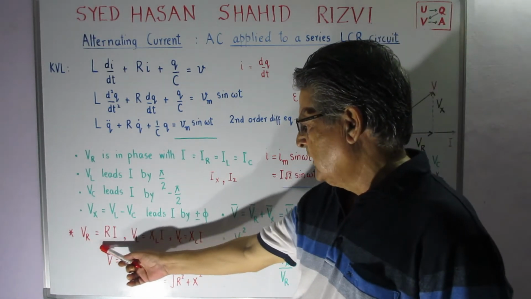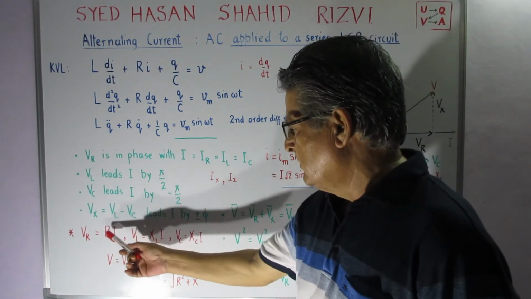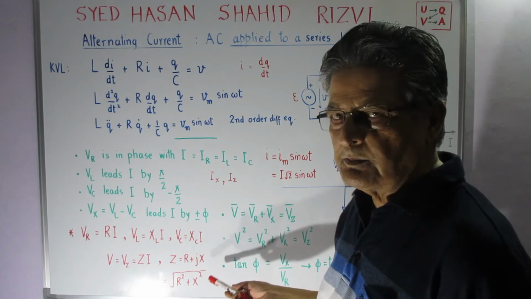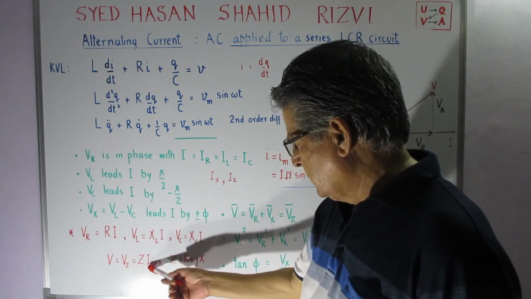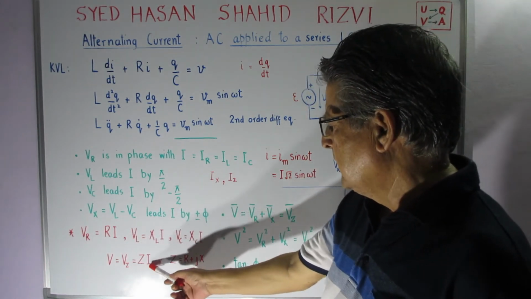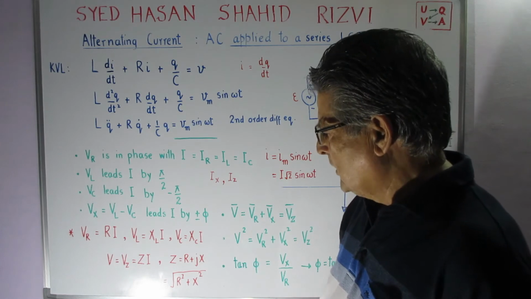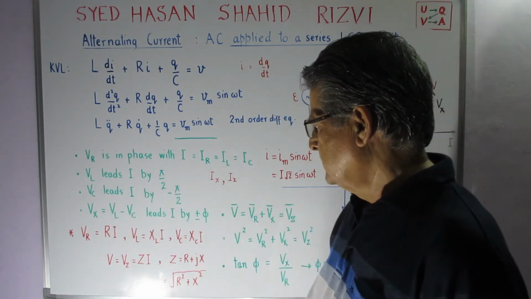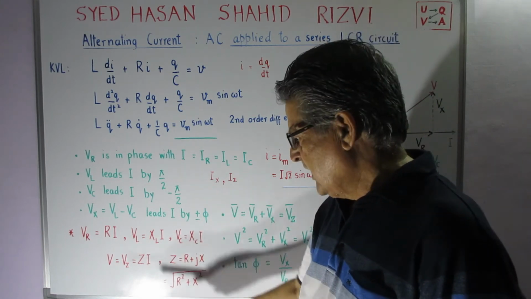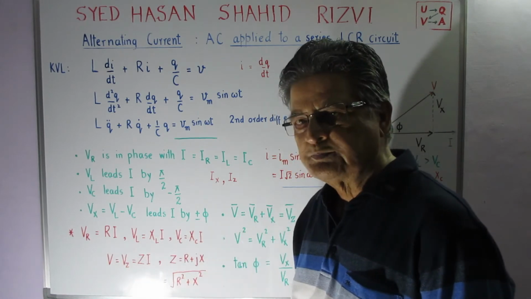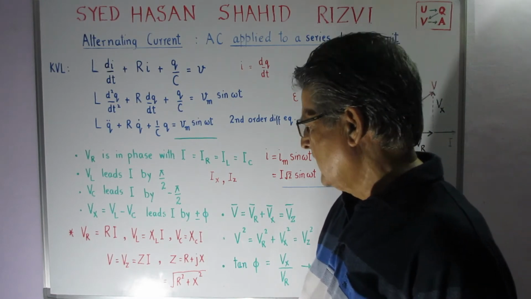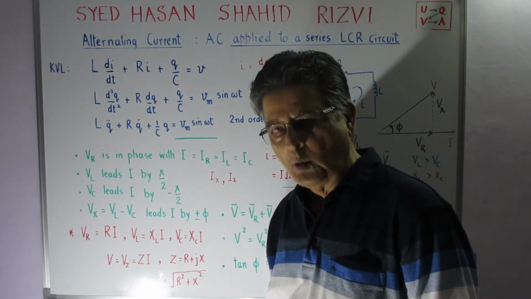Now there is another relation that we should bear in mind, that VR will be equal to R into I, VL will be equal to XL into I, VC will be equal to XC into I, V will be equal to VZ will be equal to ZI, and Vx will be equal to X into I. So all these quantities R, XL, XC, Z, they all have V divided by I, and V divided by I is our famous friend Ohm's law, and the unit will always be in ohms.